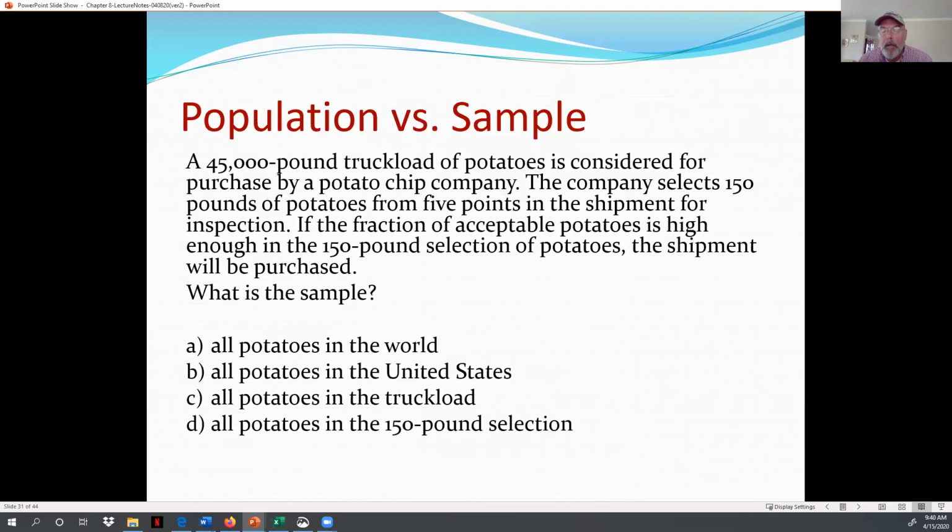Well, if somebody else wants to chime in, I'd be happy to hear that too. All the potatoes in the 150-pound section. All right. Okay. So we go from 45,000 pounds to a sample of 150 pounds.